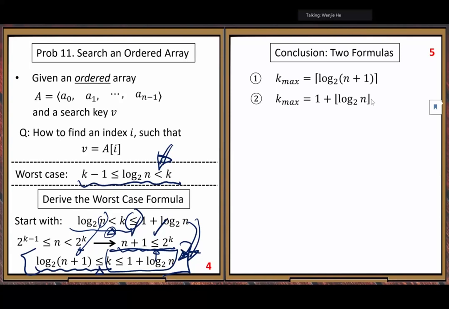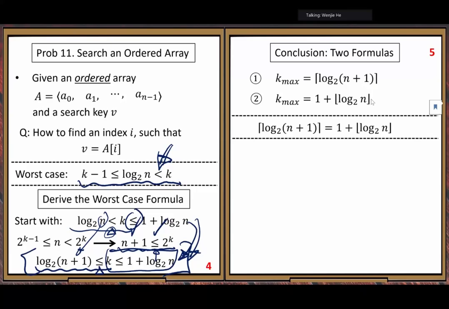So let me give you the final answer. The final answer is that these two formulas are the same. We can prove mathematically that they are the same number all the time for any positive integer n. We can use mathematical induction to prove it, like we did before with the Fibonacci formula.